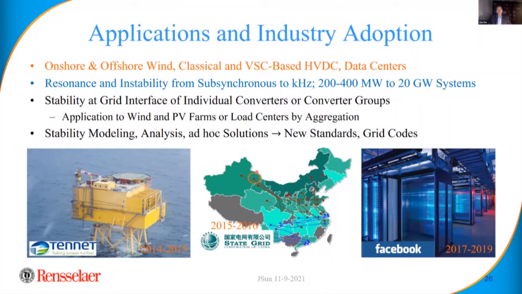They had a different type of resonance. So the offshore resonance in the German North Sea was in the few hundred hertz range. But this system has a resonance near the fundamental, right? So there are actually two harmonics near the fundamental, and different types of turbines, classical HVDC converters. So really complementary to the first project I worked on. I spent most of my sabbatical in Beijing working with the state grid on that issue. So it was a very interesting project.